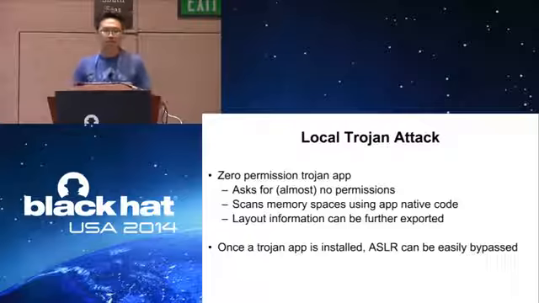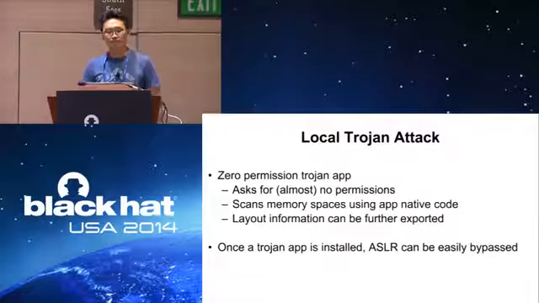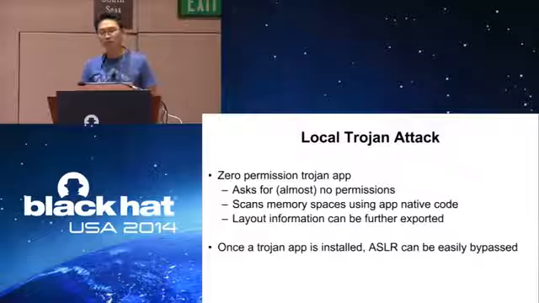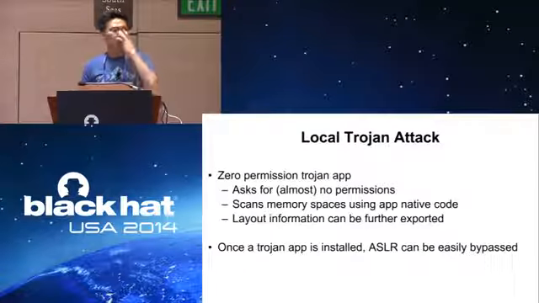The local Trojan attack is that we assume the user installs a zero-permission Trojan app. This asks for almost no permissions. It scans the whole memory space using native code.